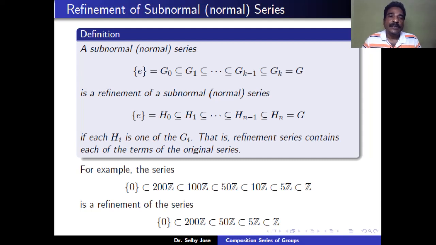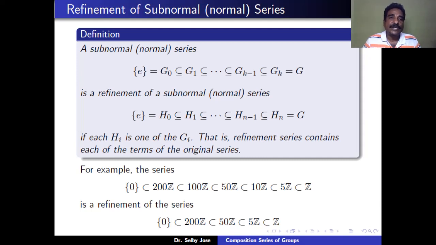Suppose this series is a normal series or a subnormal series of G. And E is equal to G0 contained in G1 contained in etc., G(k-1) contained in Gk, which is equal to G. That series of Gi's is said to be a refinement of the series which includes Hi's if each Hi is one of the Gi. That means the refinement series contains each of the terms of the original series. That means in the refinement series more subgroups are included.